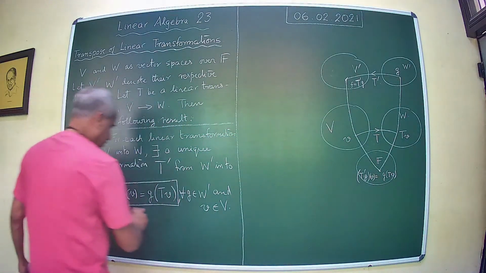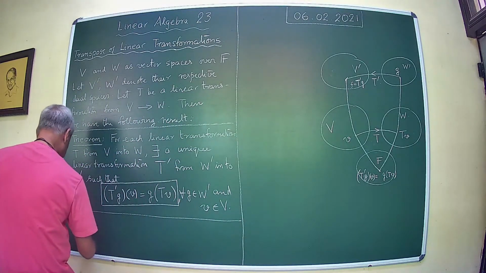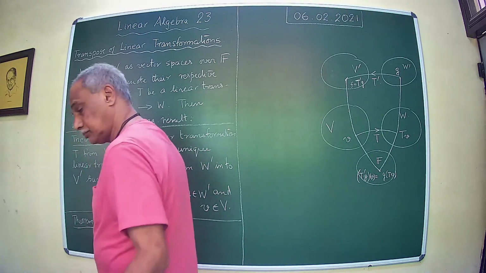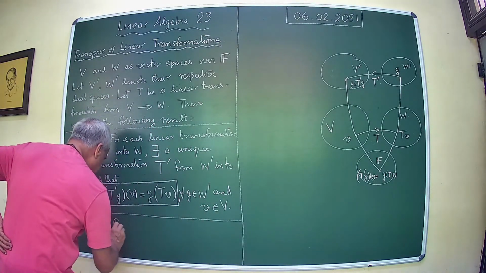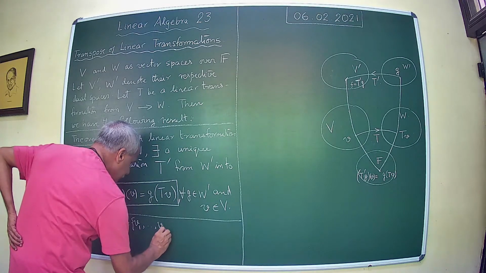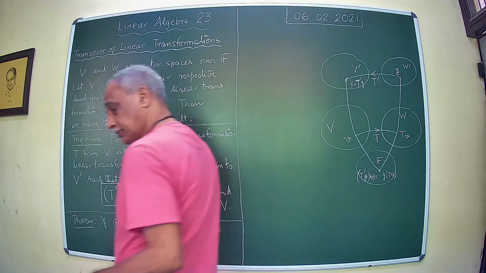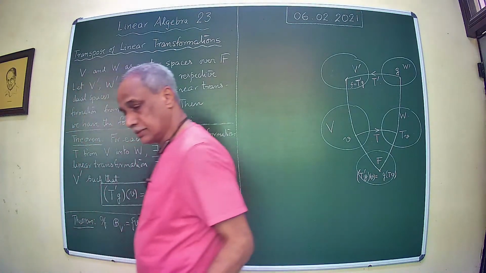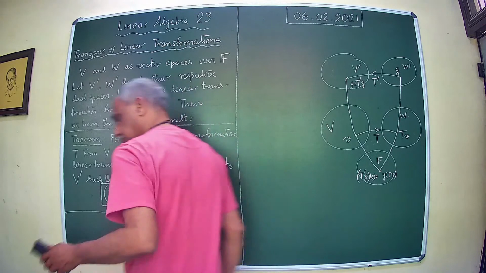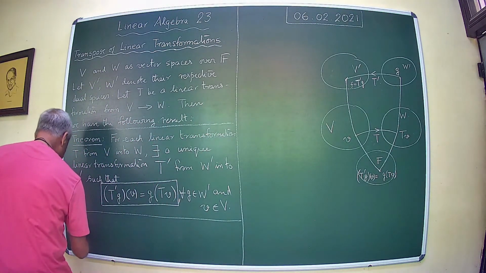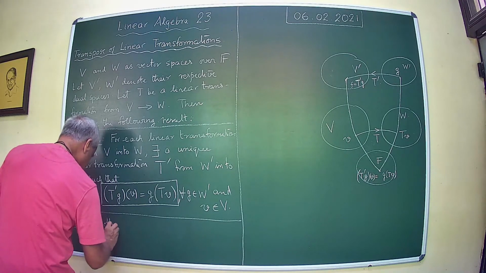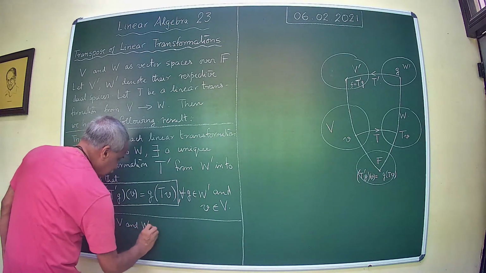Now further we have proved the following. Here we assume that both V and W are finite dimensional.